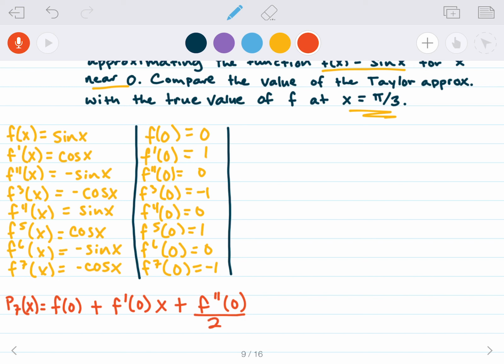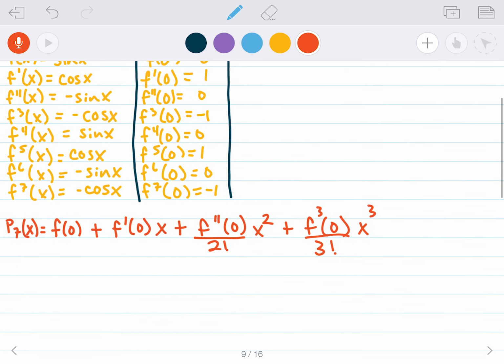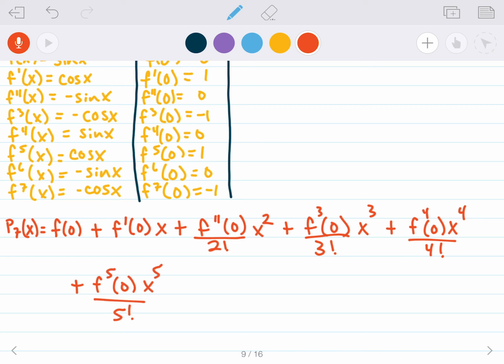over 2 factorial times x squared plus f triple prime of 0 over 3 factorial x cubed and so forth, plus the fourth derivative of 0, x to the 4 over 4 factorial, plus... okay, and finally we stop at 7.